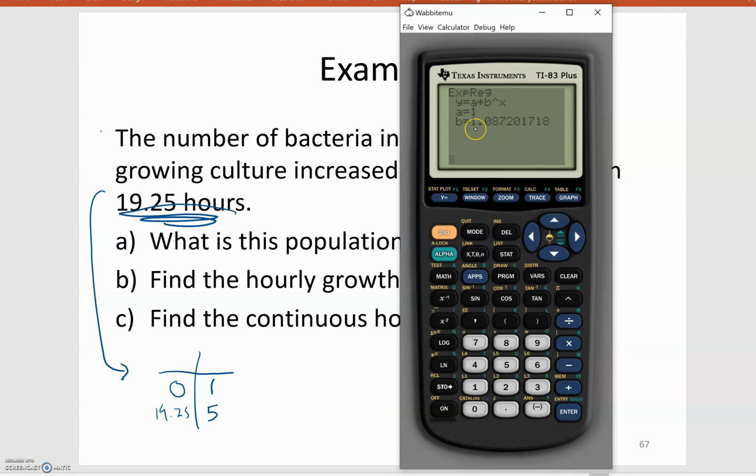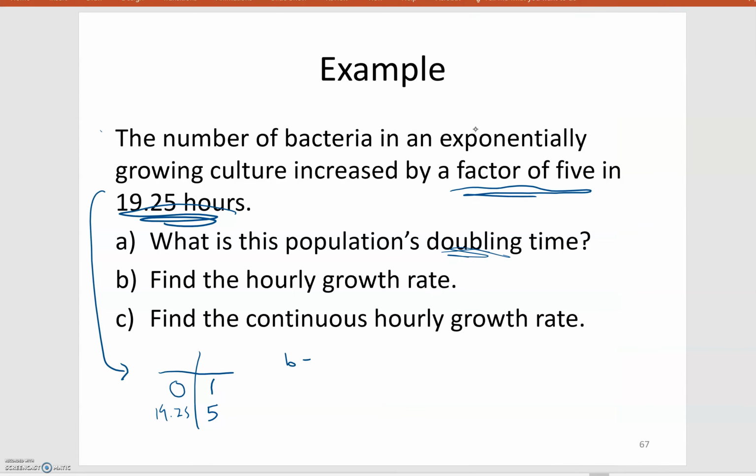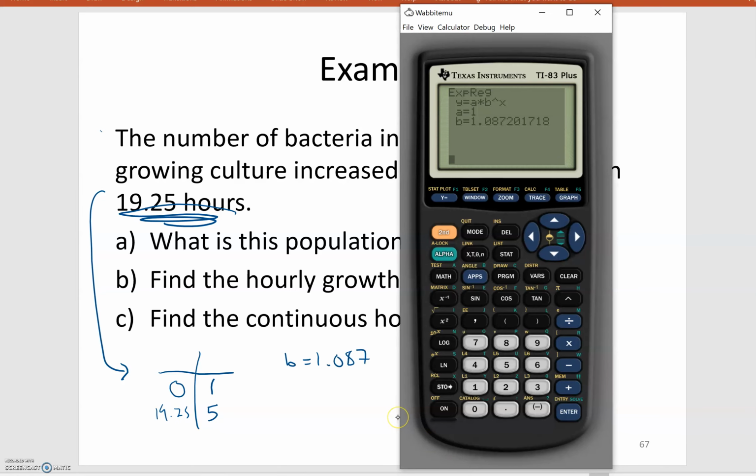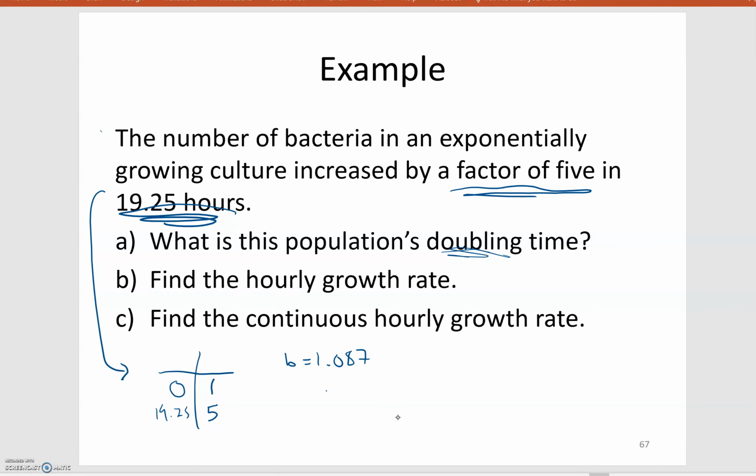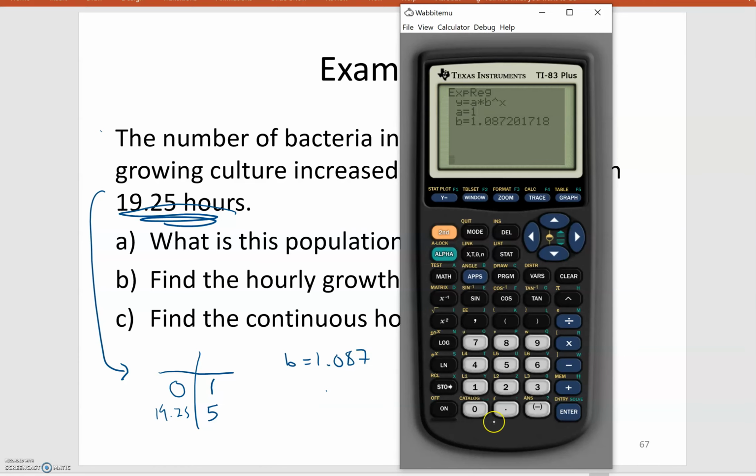So our factor is 1.087. Okay, so now I can look at this question. What is the doubling time? Well, the doubling time is how long it takes to double the initial amount. So if I started with 1, then I want to know how long it takes me to get to 2. So that's going to be calc intersect.